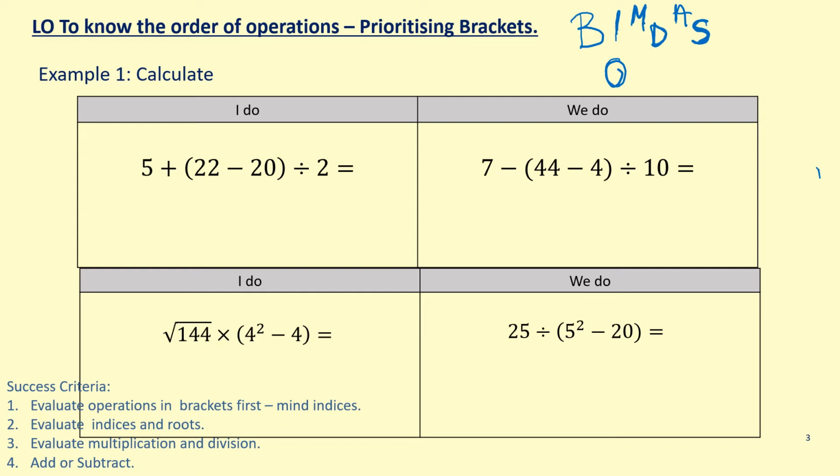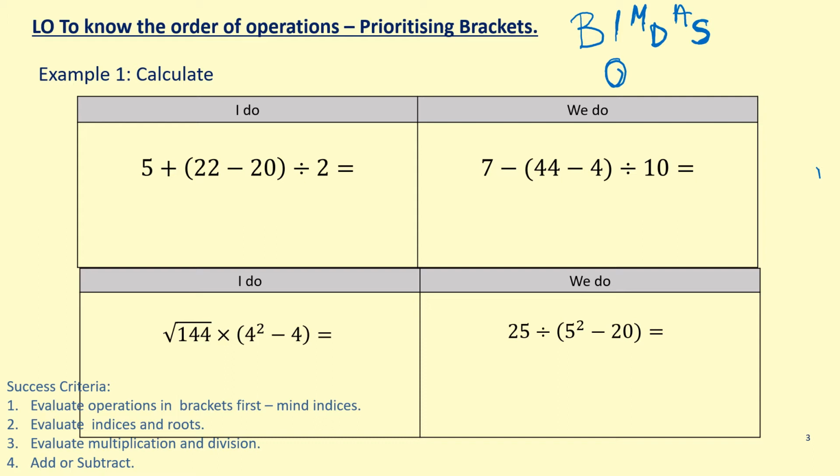But again, addition and subtraction are equally important operations. So if we only have addition and subtraction in a mathematical sentence, then we would work from left to right, just the way we've learned in the previous lesson.